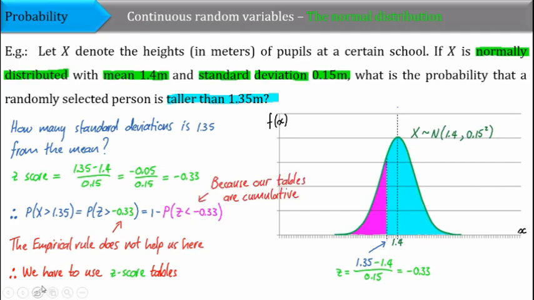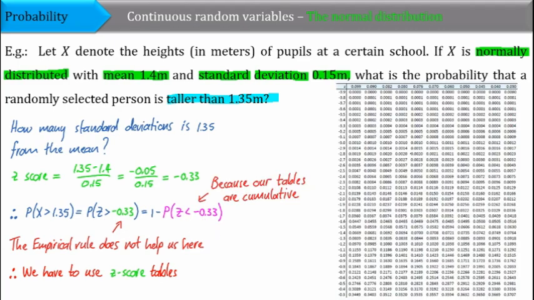So if we do that, then we'll go to our z-table. We'll look for negative 0.33. Here we have negative 0.3. Remember, the very first column contains the whole number part of the z-score and the first decimal, and the first row contains the second decimal.